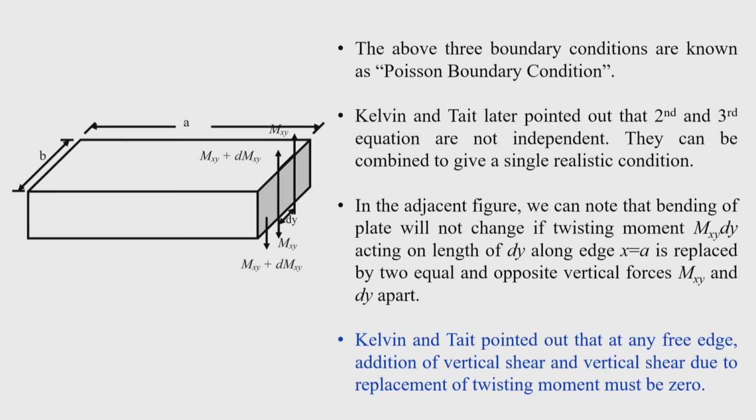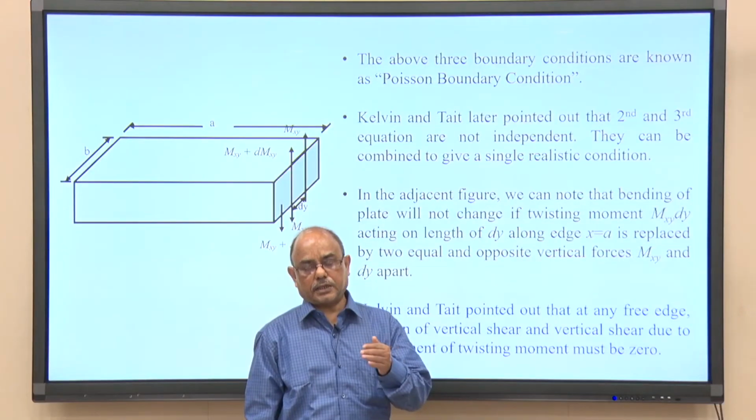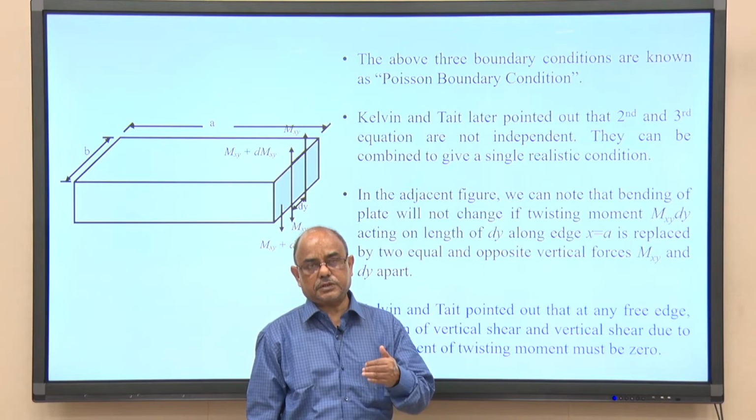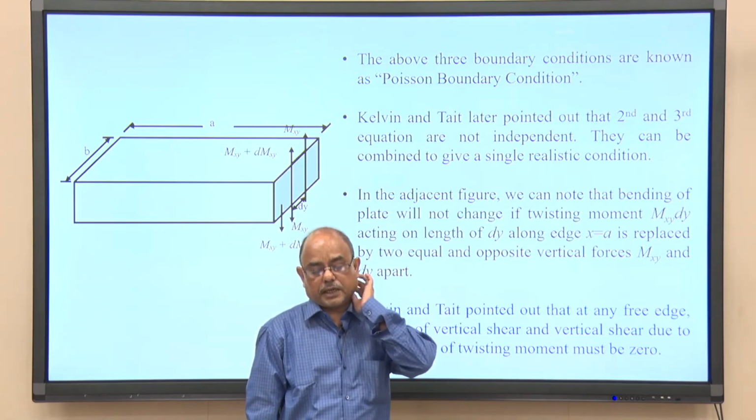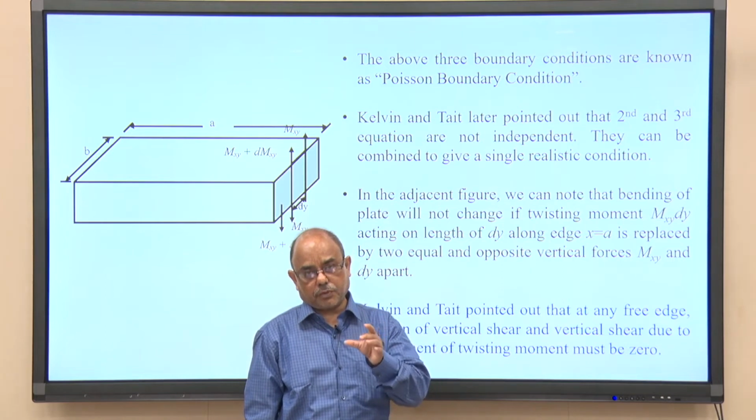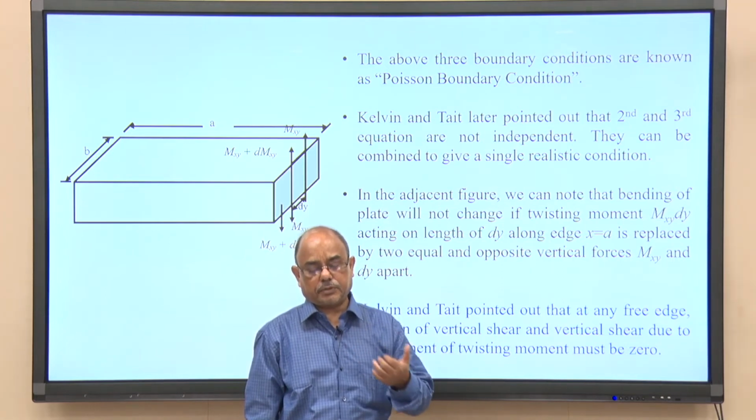So, Kelvin and Tait pointed out that the second and third equations that I have shown you, for twisting moment and shear force being 0, can be combined because they are not independent, and if you combine them you will get a realistic boundary condition.